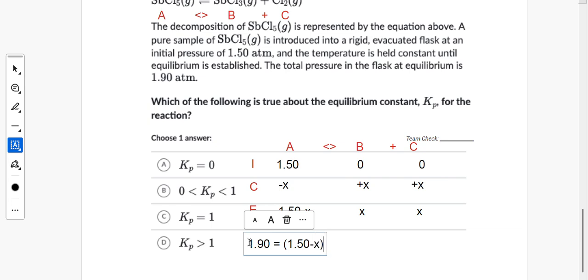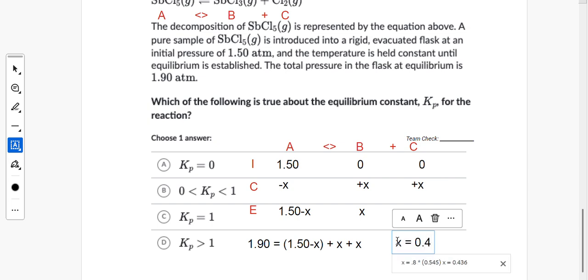That's going to be both the products and the reactants, because we're at equilibrium. Plus x. Now I'm going to expect that you can do some fancy algebra here and solve and get that x is equal to 0.4.